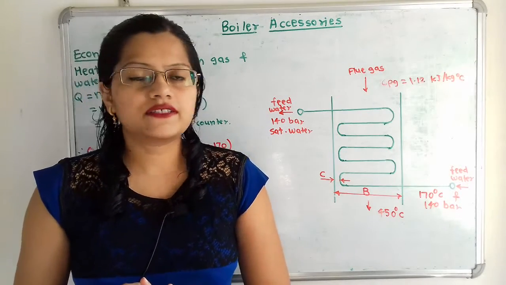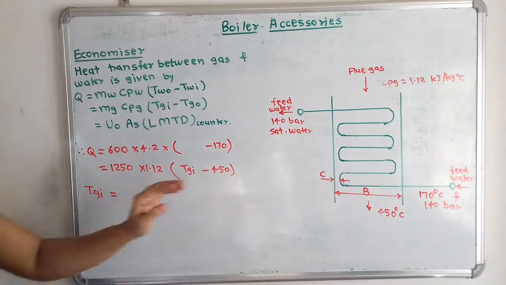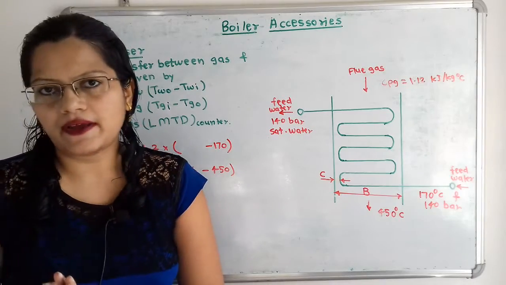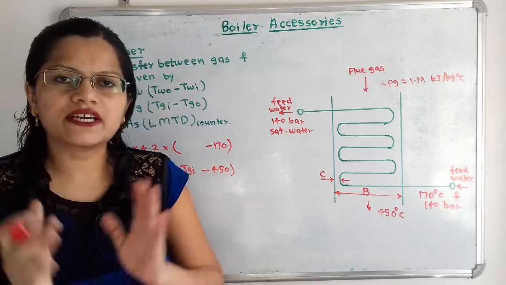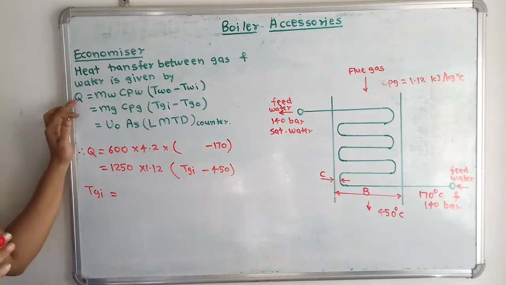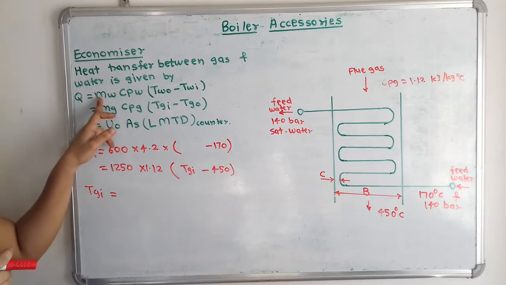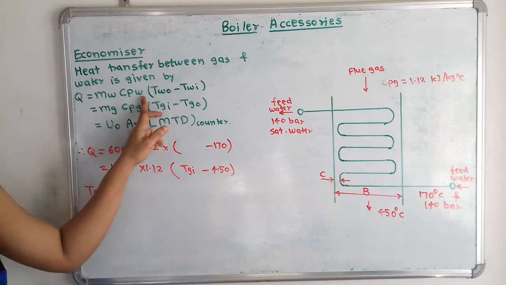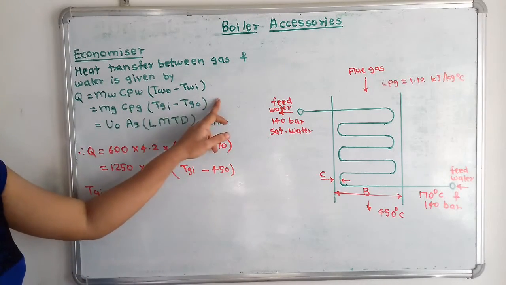Now we will understand the formula. Here it is given that the heat transfer between the flue gas and feed water is given by, so we have to first analyze the given formula. Let heat transfer Q be equal to mw, the mass flow rate of feed water, times Cpw, the specific heat of water, times the temperature difference.